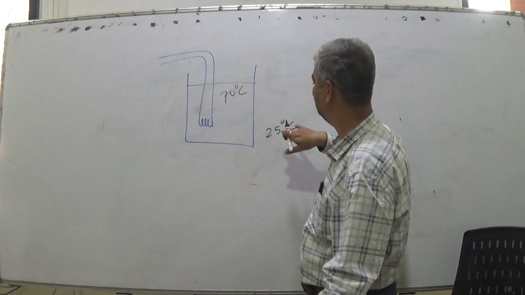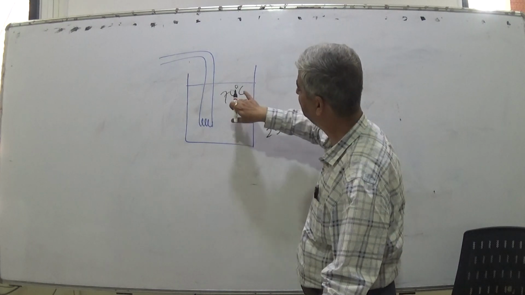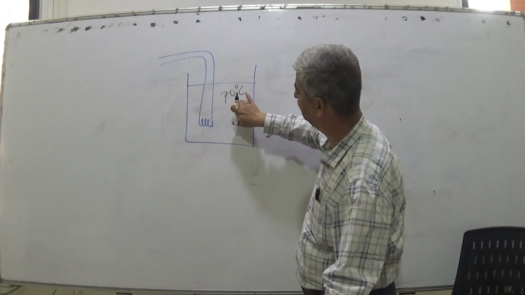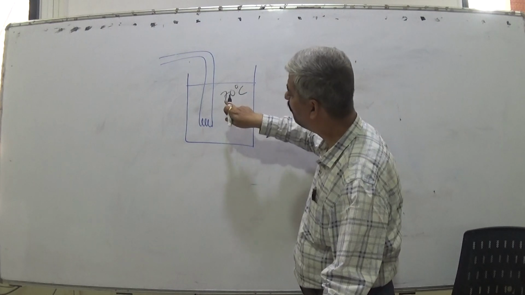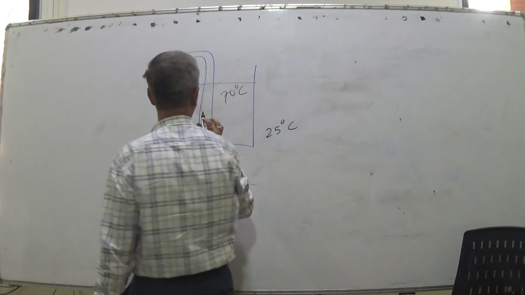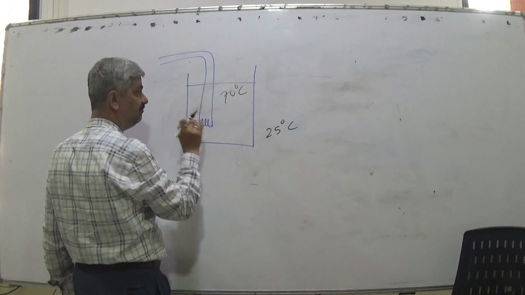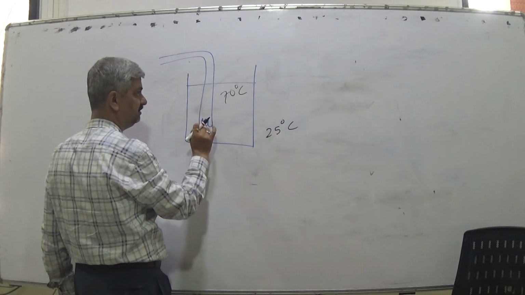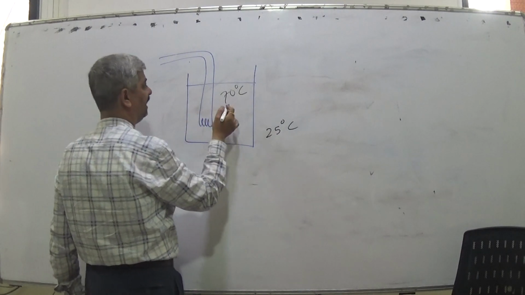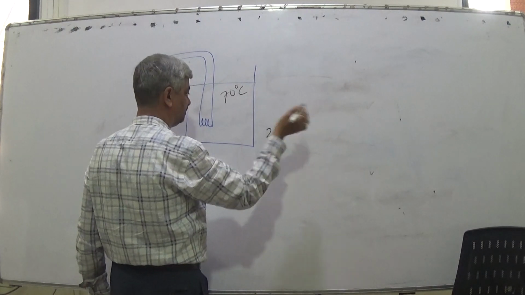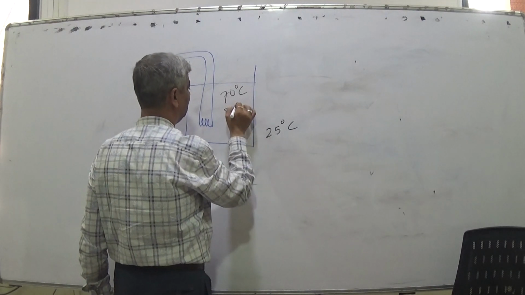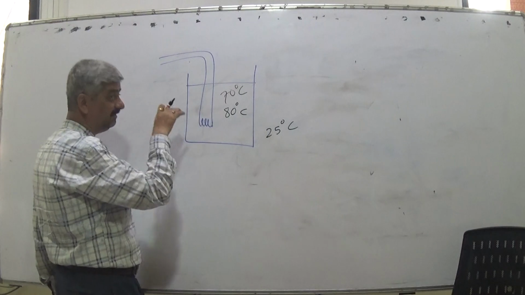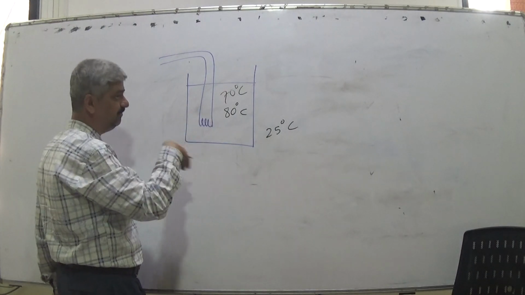So if atmosphere temperature is 25 degrees centigrade and this is to be kept at 70 degrees centigrade, then you must give some constant heat energy to this. If at another time you want to make it 80 degrees centigrade, then you have to give some different heat energy, which will be more.